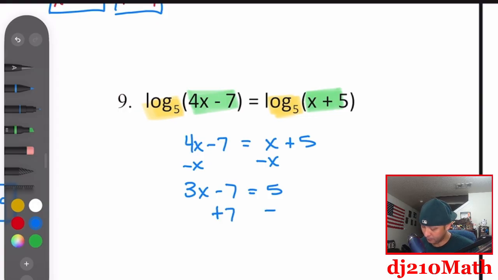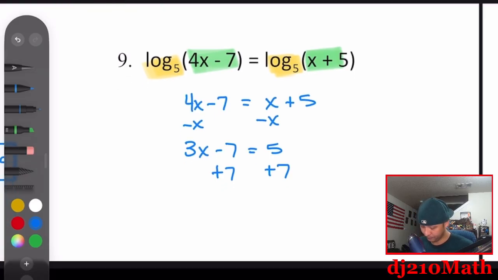Plus 7, 5 plus 7 is 12. So 3x is equal to 12. Divide both sides by 3. And x is equal to 4. 12 divided by 3 is 4.